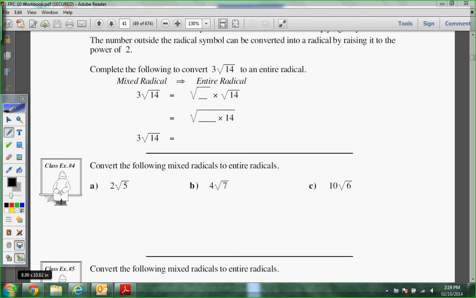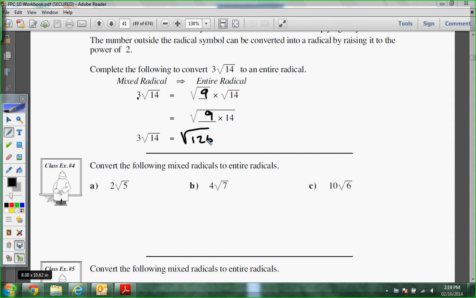If I want to make the 3 into a radical, that's going to be root what? 9, because 3 squared is 9. Then I'm going to go 9 times 14, and that's going to give me 126. So 126 square rooted.